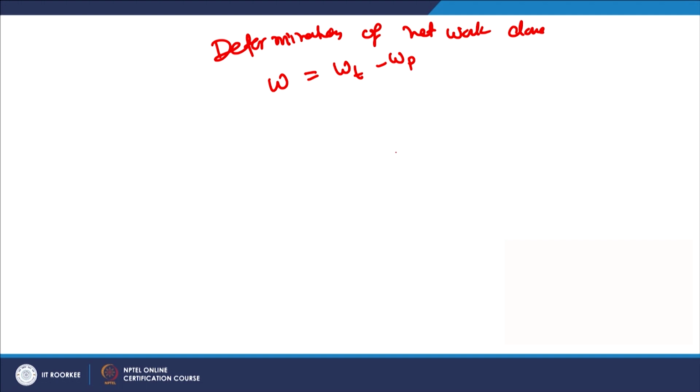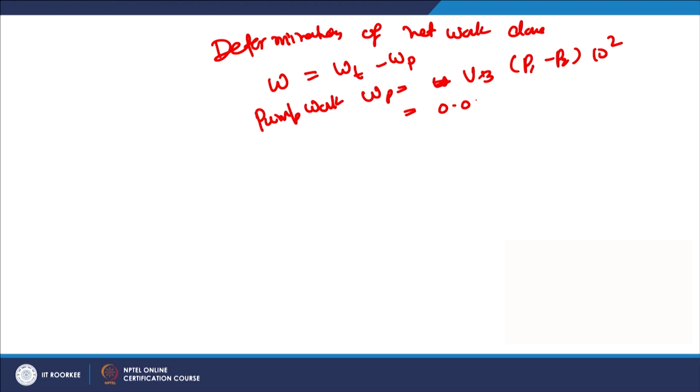Now since we don't have any clue about the WP, that is the pump work, so pump work WP is equal to specific volume at point number 3 times P1 minus P2 times 10 to the power 2, that is 0.001 times 20 minus 0.07 times 10 to the power 2, and that is 1.993 kilojoule per kilogram.